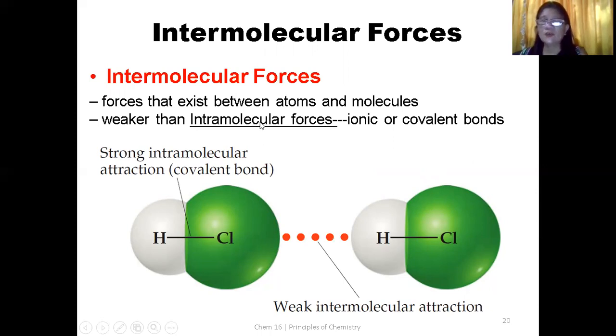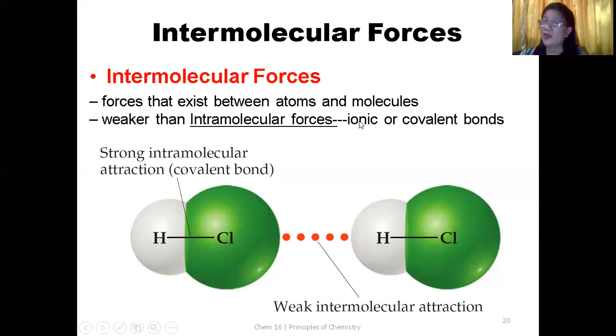Intramolecular could either be ionic or covalent, but for the intermolecular, it will be a covalent bond.